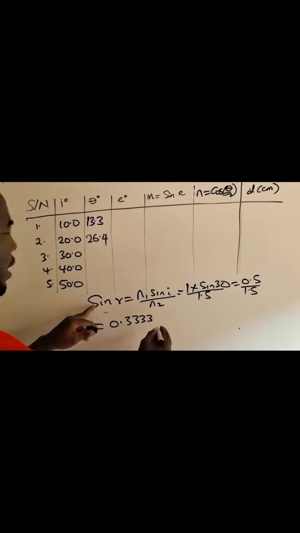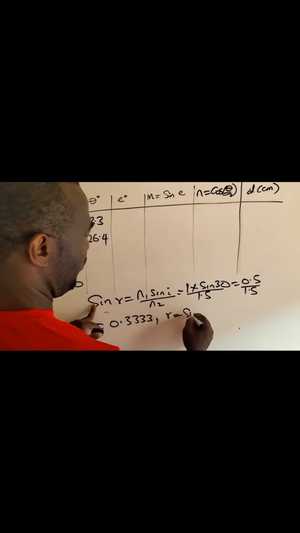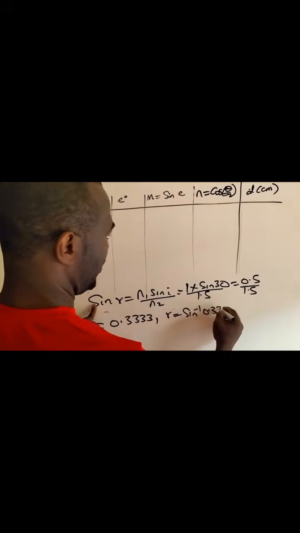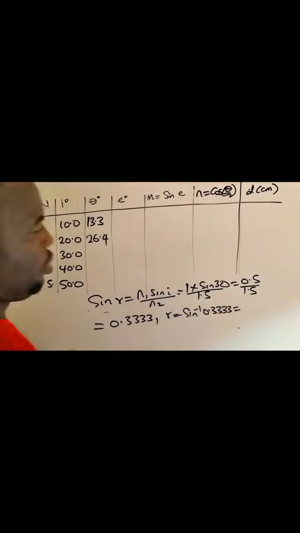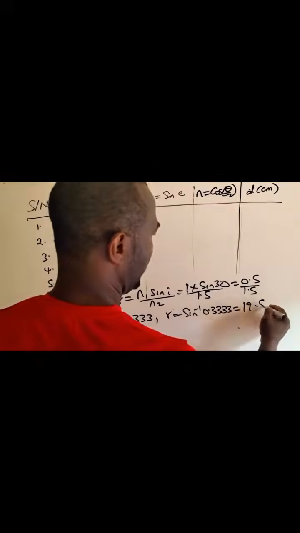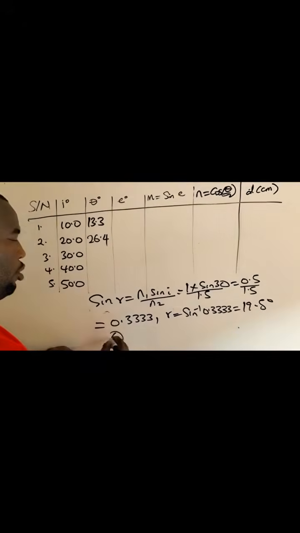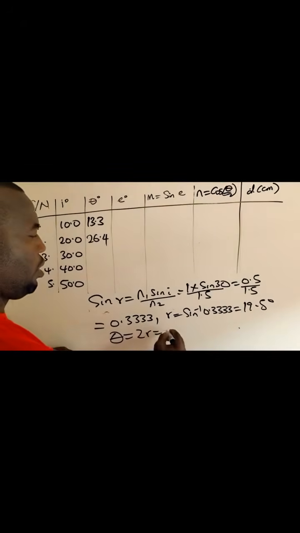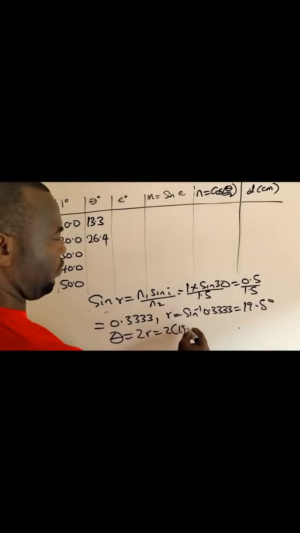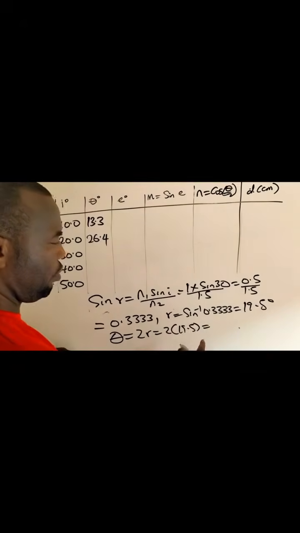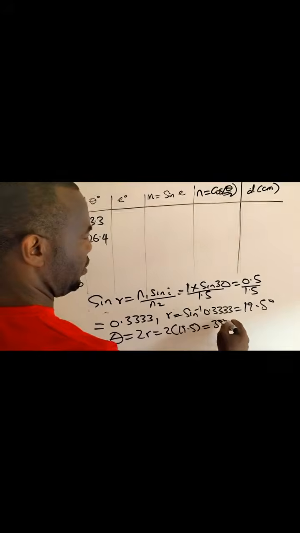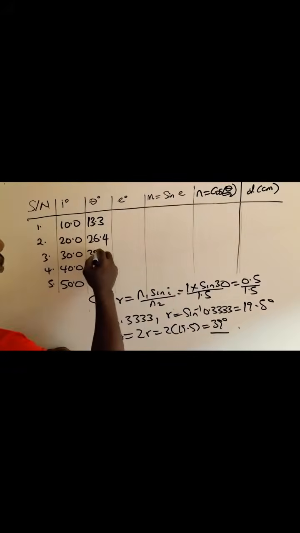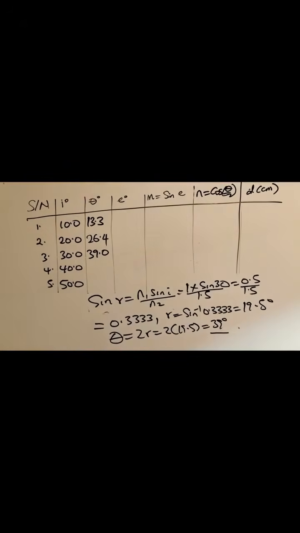So R becomes sine inverse of 0.3333, which gives 19.5 degrees. Theta is 2R, which is 2 times 19.5. That gives 39.0 degrees.